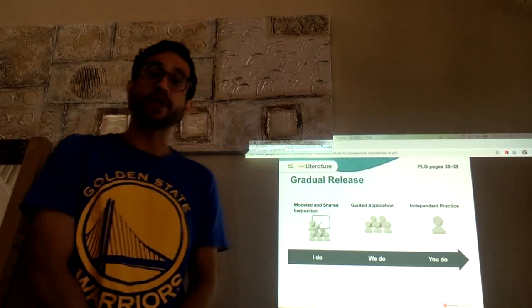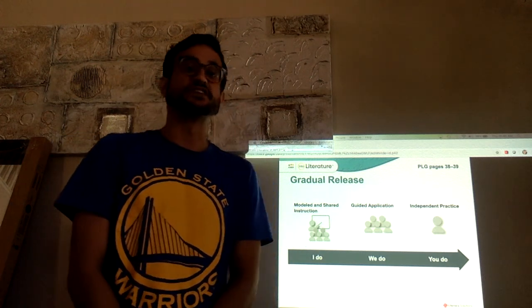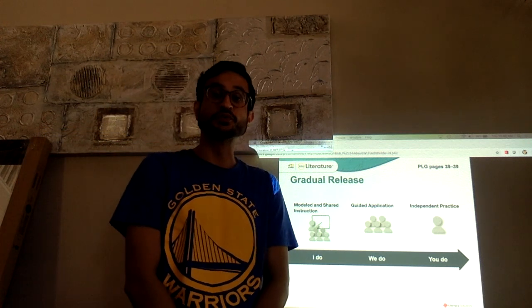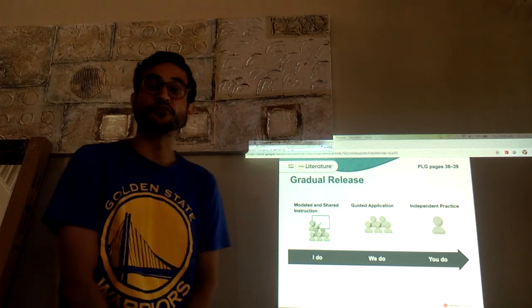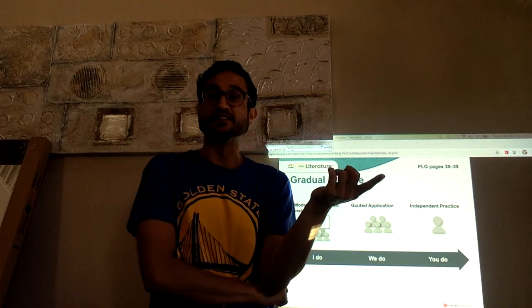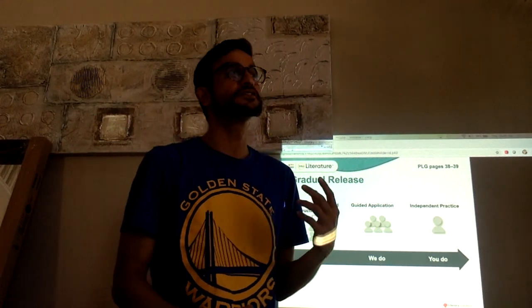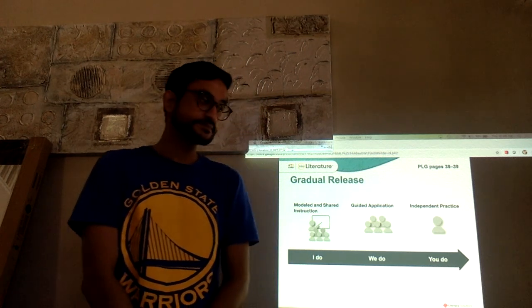Let's take a look at the framework that guides the instruction of Into Literature. So just by a show of hands, who is familiar with the gradual release model as you see it here? We'll do the four-finger rating again. I'll hold up a 1 if this is a brand new concept to you. Hold up a 2 if this is something you've heard about, but you've never used it in your classroom.